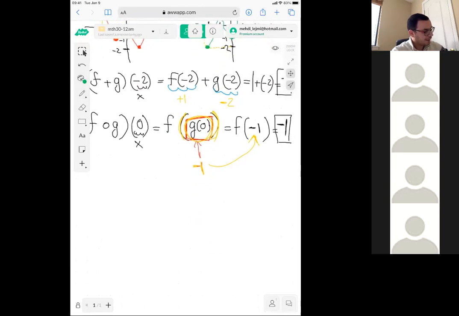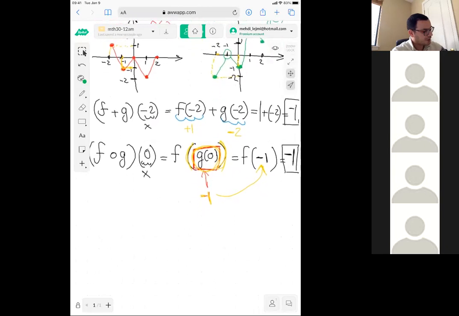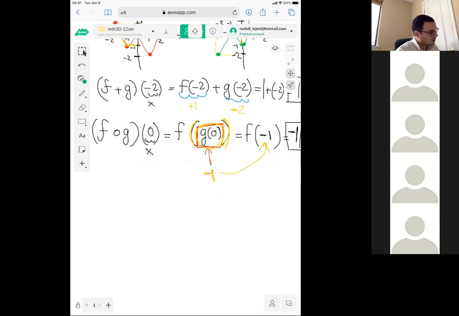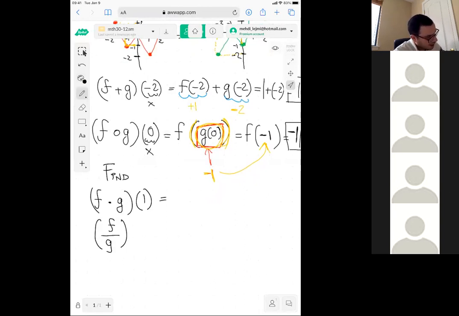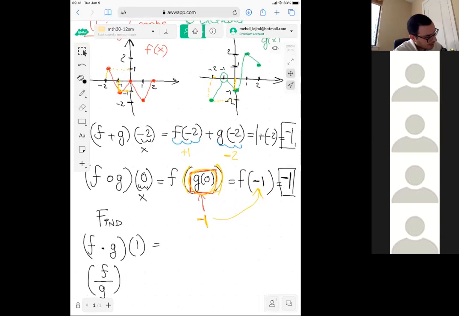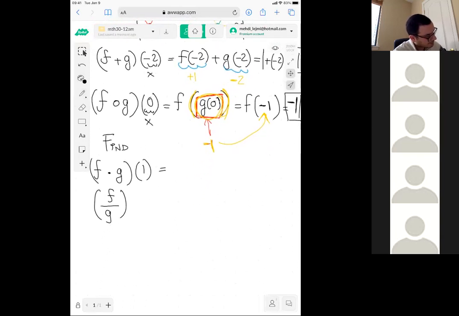Anyway, guys, here's a couple of compositions, addition, subtraction, etc. to compute. So please find the following. Let's say you need to find f times g of +1, then f over g of +2, right?